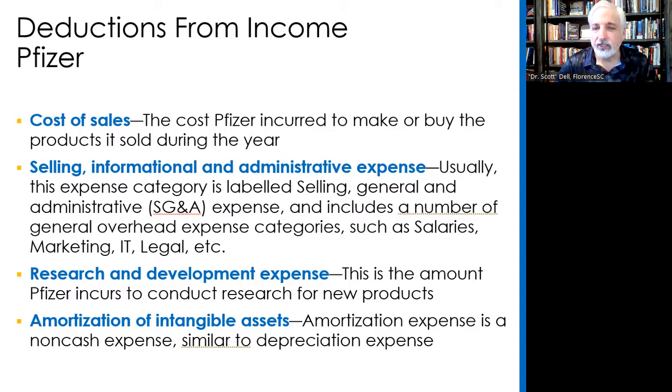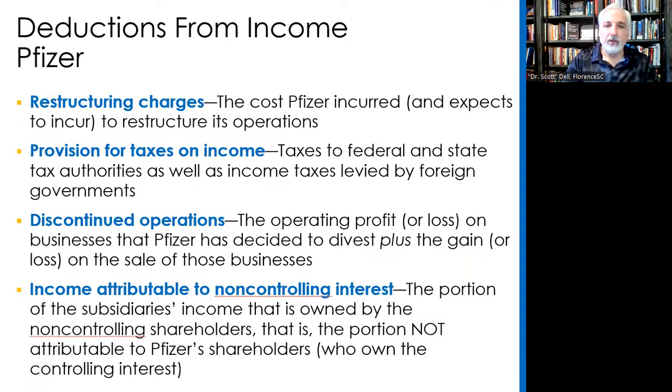A number of general overhead items: depreciation, salaries, marketing, accounting, other transactions. And then R&D. We mentioned research and development is not capitalized, it's not thrown in the asset section of the balance sheet, but almost always R&D is shown as expense. And then we have amortization of intangibles, the intangible assets that show up as a non-cash expense, similar to depreciation.